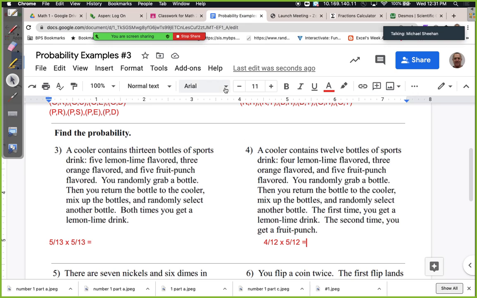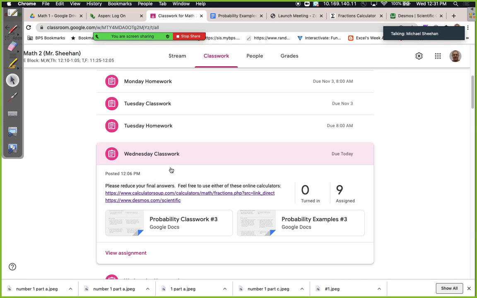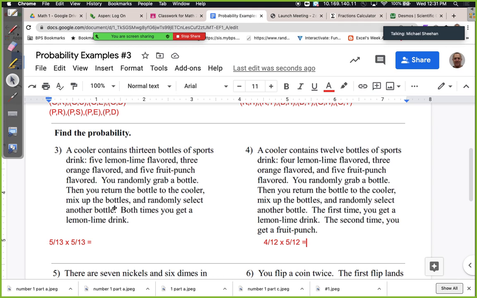In the homework, I gave you 2 different links also for online calculators to help you multiply your fractions and get a reduced answer. The first link, I'll show that to you now, calculator soup. All right, I want to do 5/13 times 5/13.